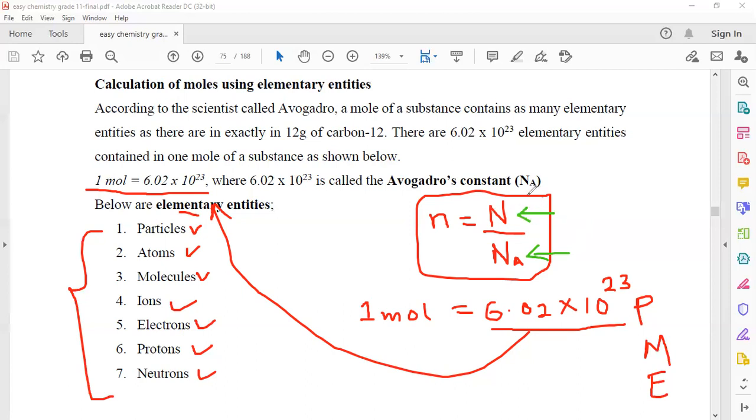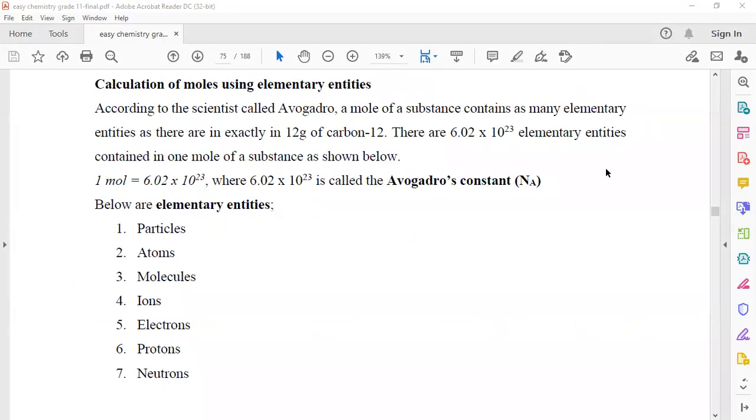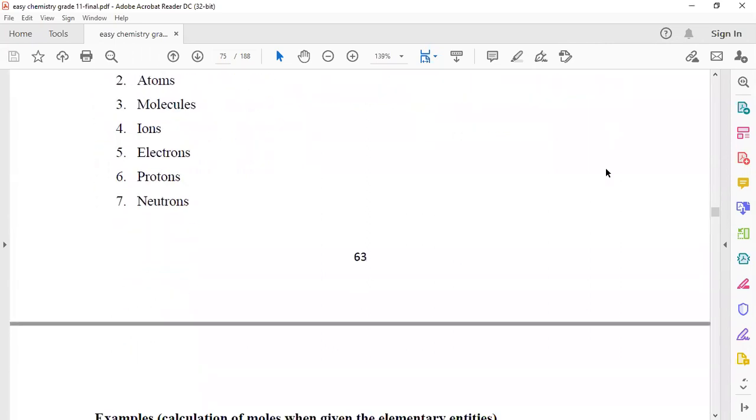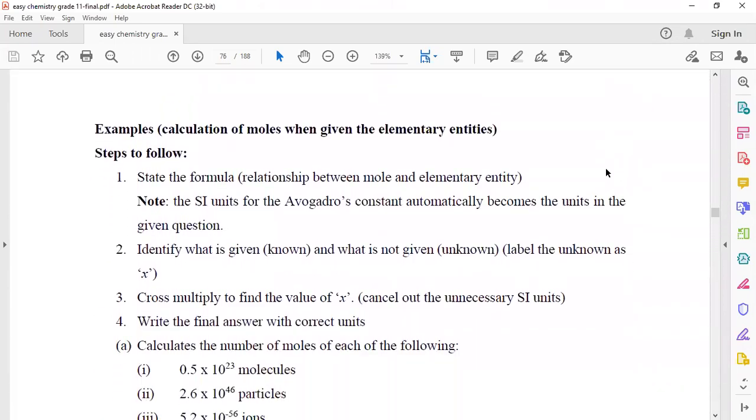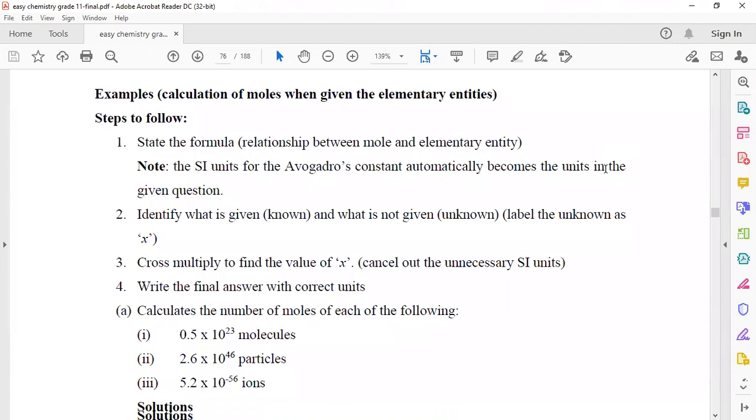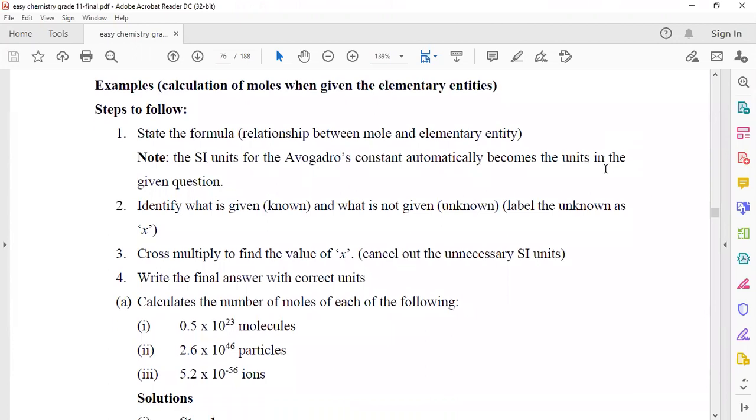This number can be particles, atoms, molecules, ions, electrons, protons, or neutrons. So let's look at the examples and see what we mean. Those are just a few steps that we can follow.